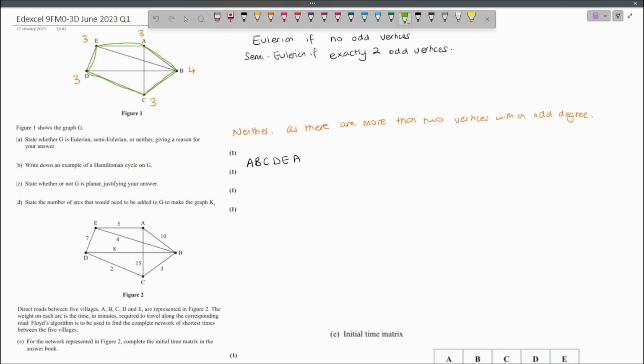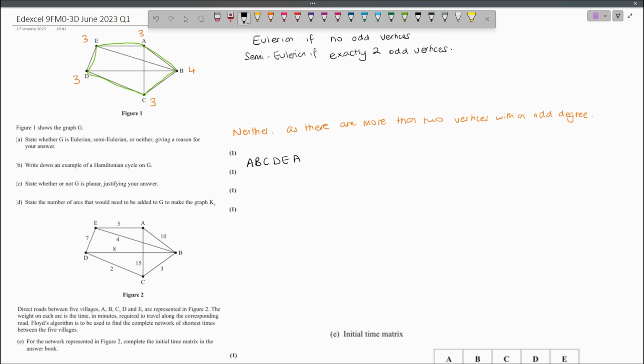Okay, question C, we're asked to state whether or not graph G is planar, and we need to justify our answer. So you might be really tempted to use a planarity algorithm for this, and it would work.